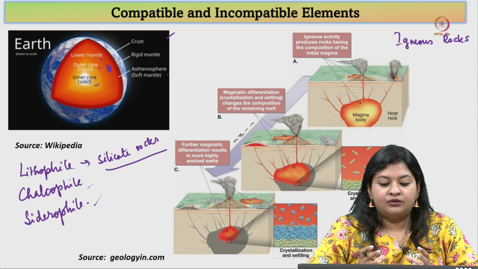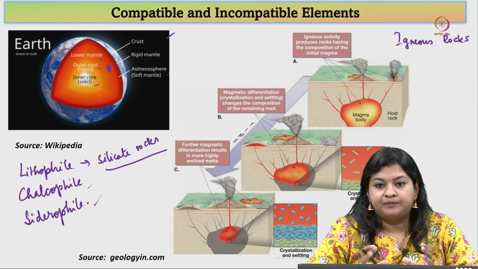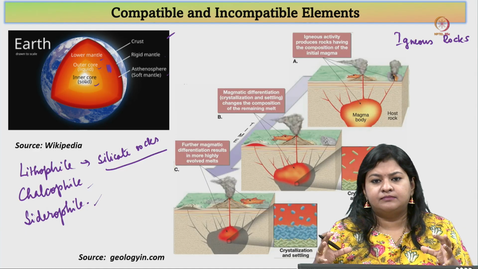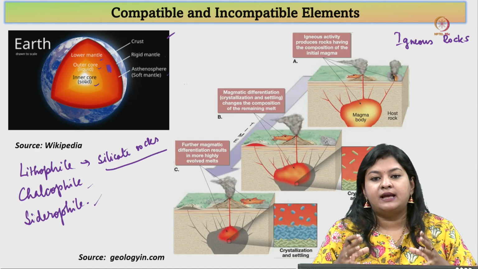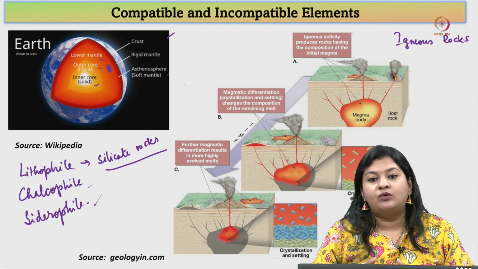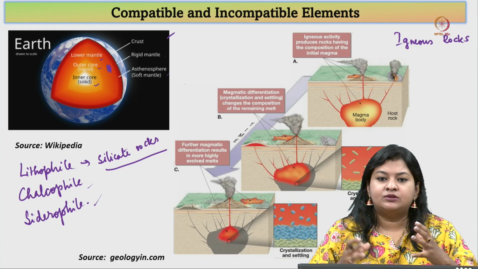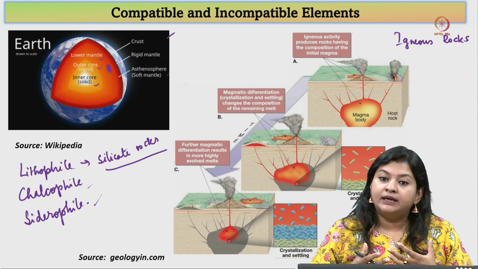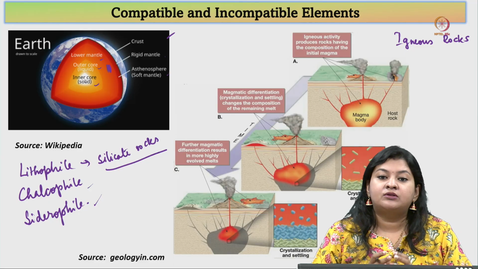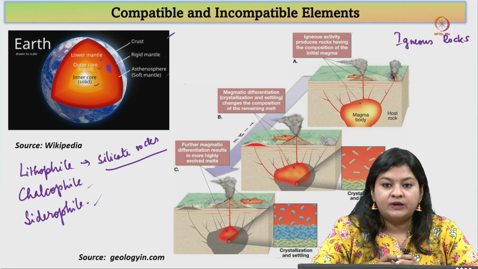Imagine very hot gases and very hot liquid placed under huge pressure deep down inside the earth, pressurized from all sides. It is also burning, which means a lot of gases are also getting produced. So it is enclosed now, and it wants to erupt.